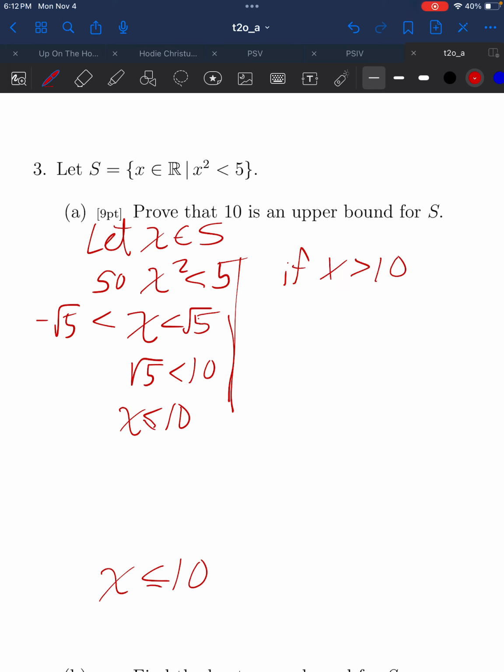If x is greater than 10, then x squared is greater than 100, which is greater than 5. So, contradiction, x is less than or equal to 10. I like that better because it just takes the definition of S and works straight from it. But either way is fine.